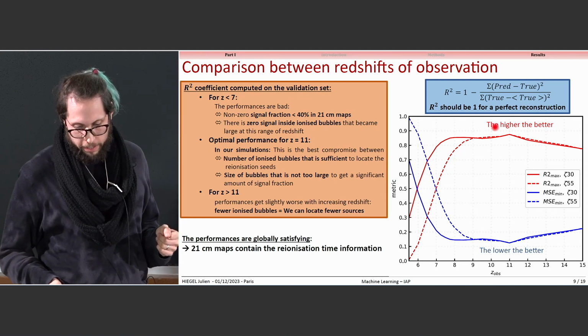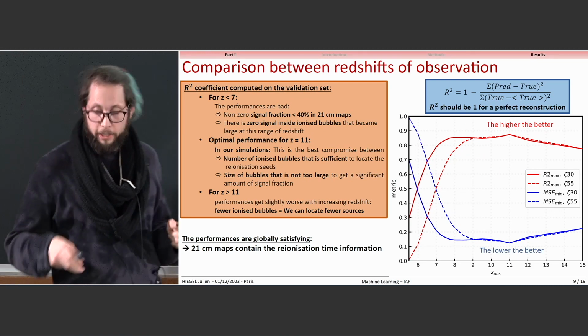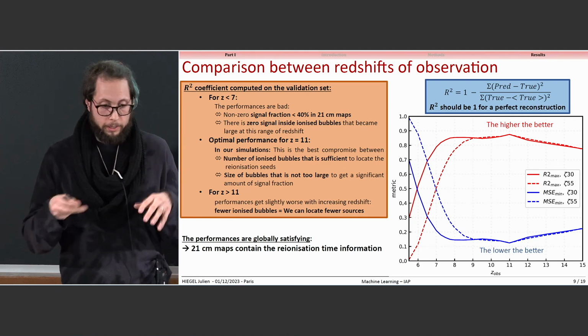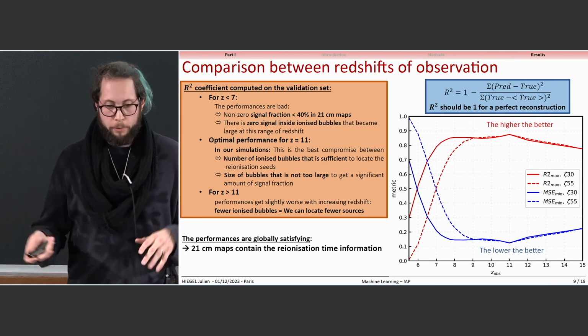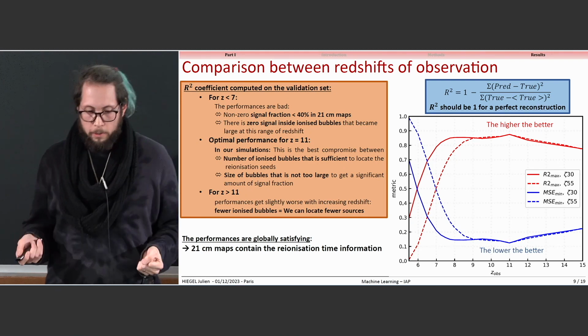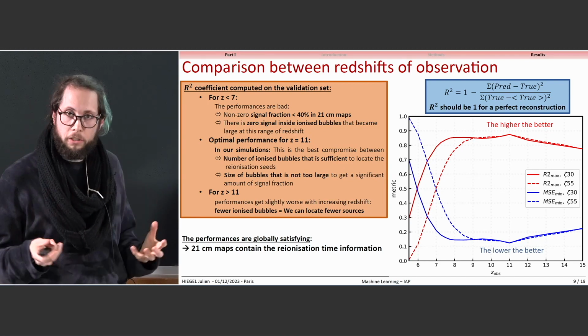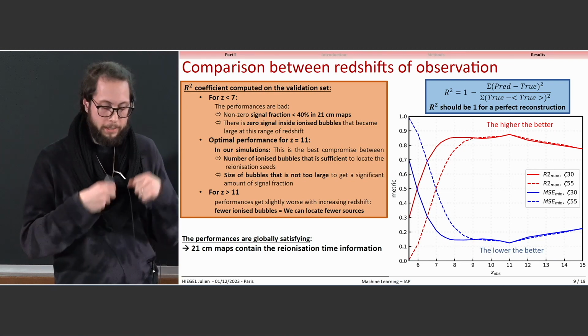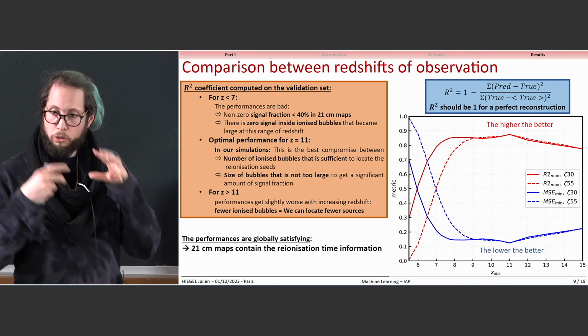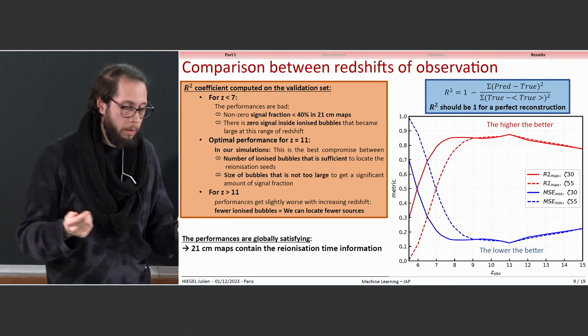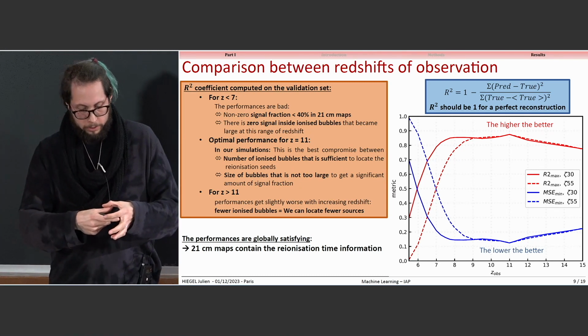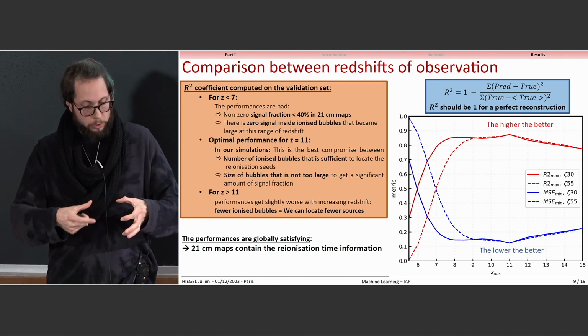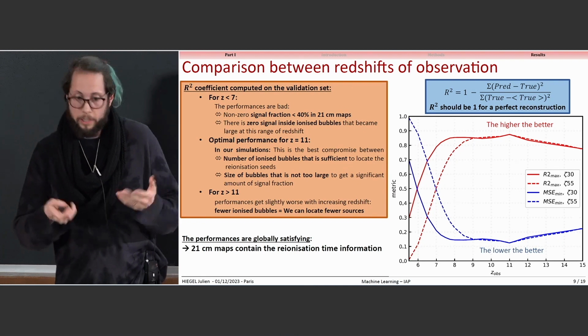Then, at redshift 11, you have a peak here, and in our simulations, it looks like it is the best compromise between the number of ionized bubbles that is sufficient to locate accurately the reionization seed, and the size of these same bubbles that is not too large to lose too much information. Because once again, if the bubbles get wider, you will lose information inside the bubble where there is no signal.